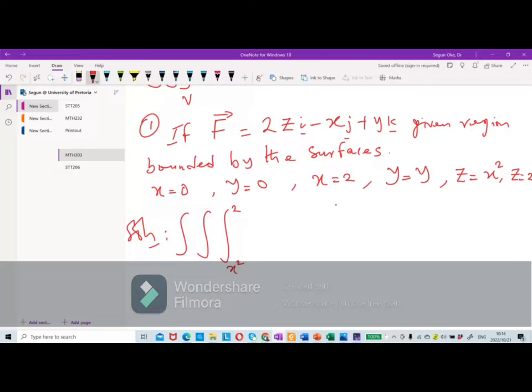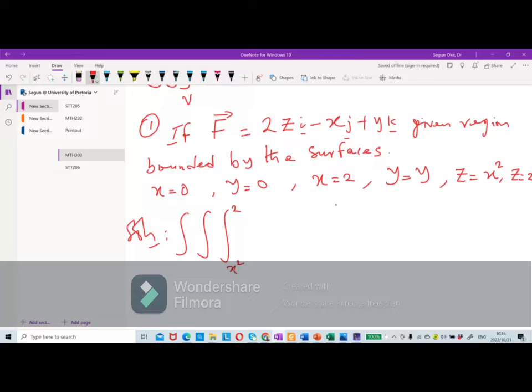The second integral is x, the third integral is y. Where do you see 2?